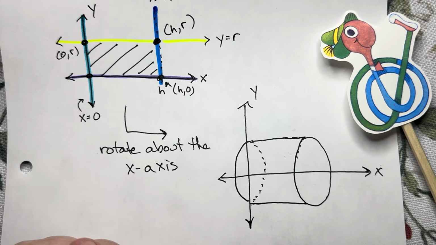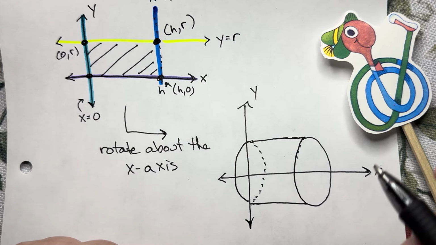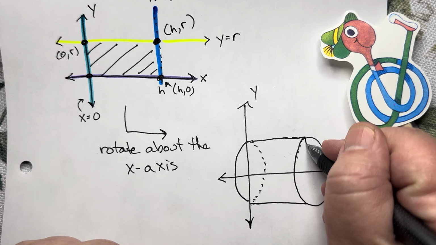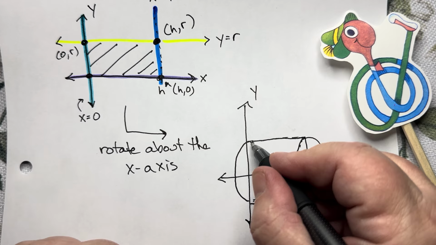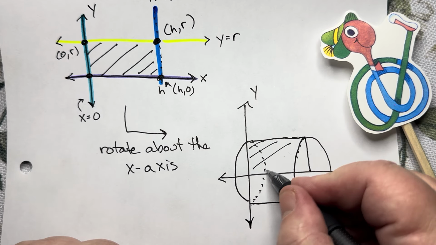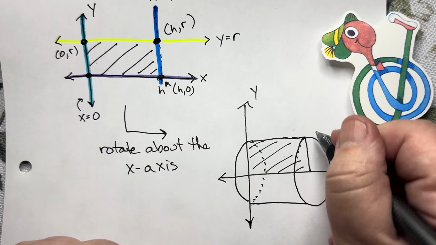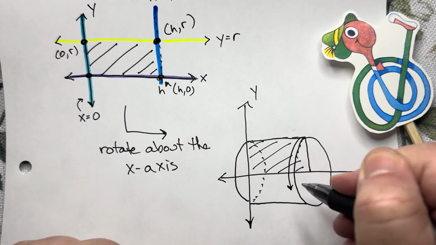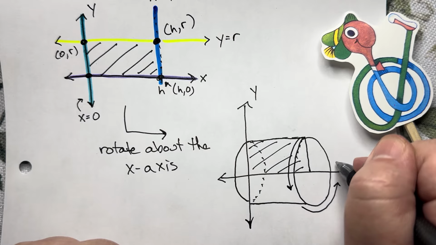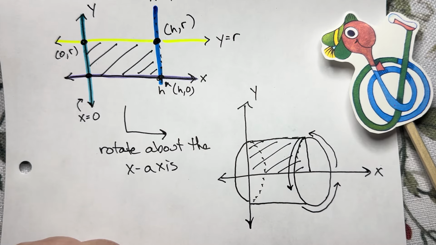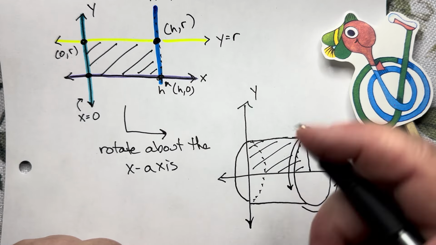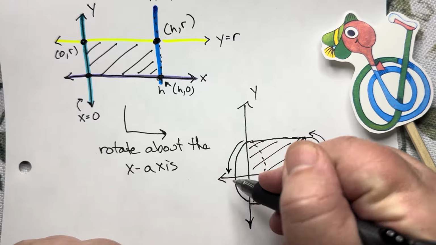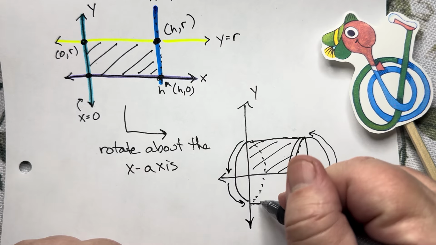Do you guys agree with me? Does that make sense? Here is that original piece sitting here, this rectangle. And I claim that if we take it and rotate it around, we end up with this can shape again. This point goes around like this.